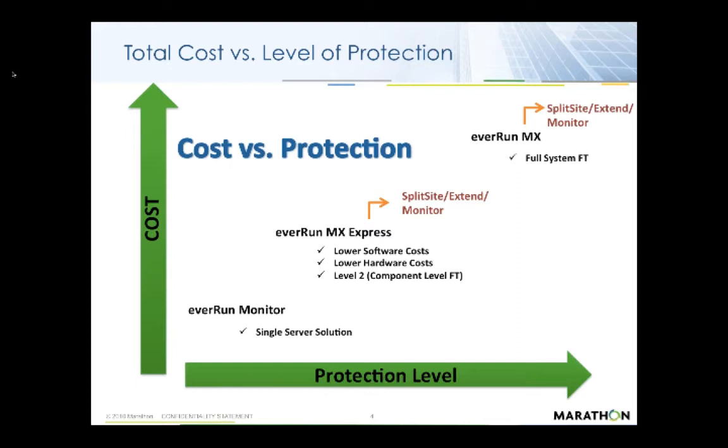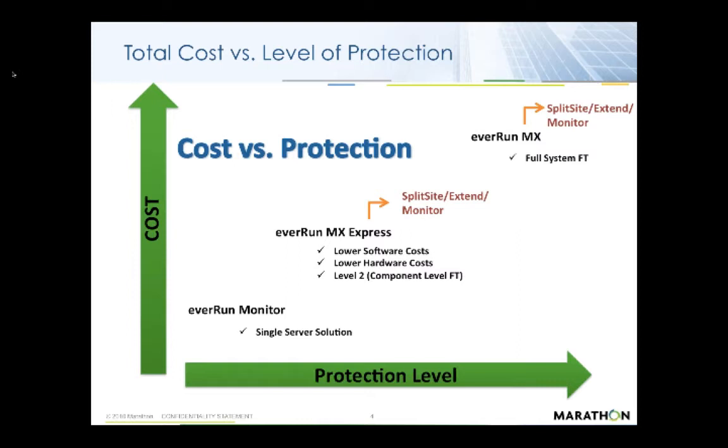Now, one of the things that we're very realistic about is the impact of budgets when it comes to looking at the availability solutions for a customer. And as you can see here, we start talking about the cost versus the protection level of the various products in the portfolio set.